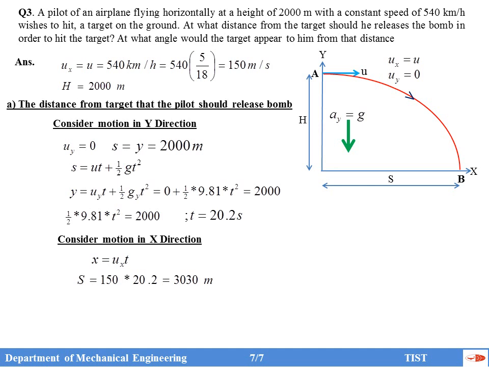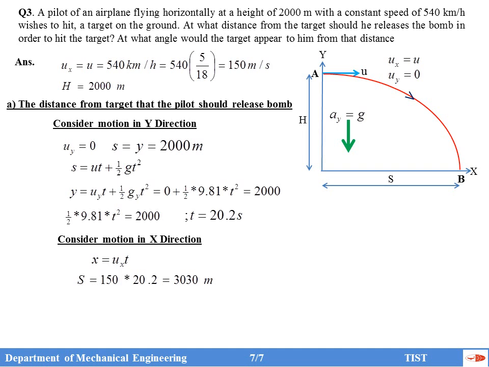Okay, as I discussed previously, you don't have to memorize the equations of time of flight, height, and range for a horizontally thrown projectile. For general projectile motion, you remember the equations of time of flight, height, and range. For a horizontal projectile motion, you don't have to remember the equations.